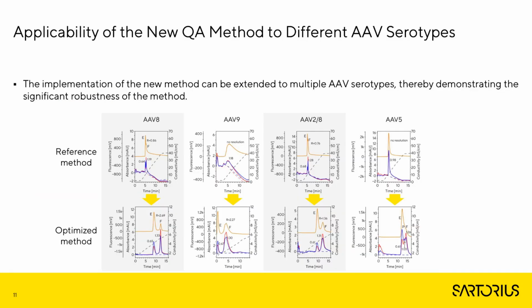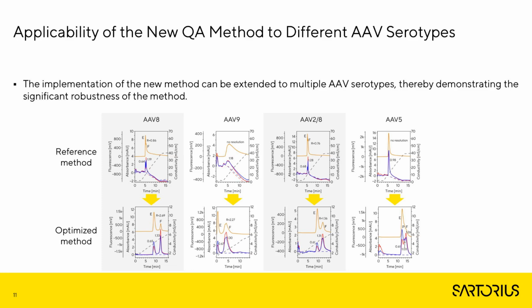At the end, once we had obtained the buffers and the method, we applied this method also to other serotypes: AAV9, AAV2x8, and AAV5. On the top of the chromatograms, I'm showing you the reference method. Here we monitored fluorescence as well as UV detector.